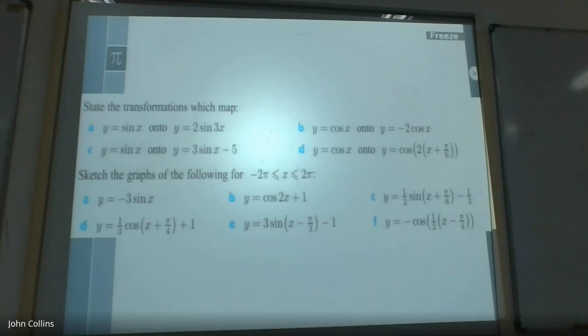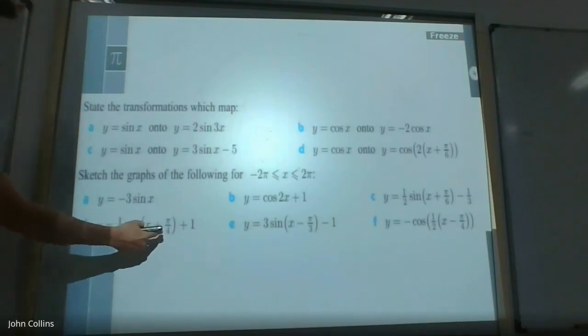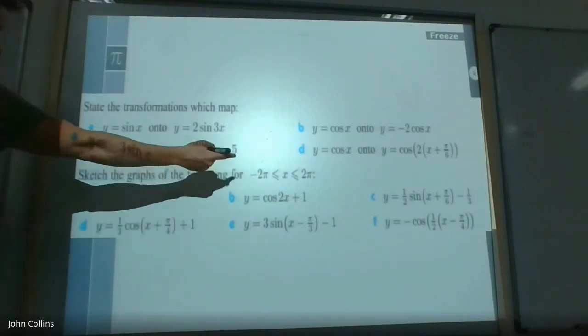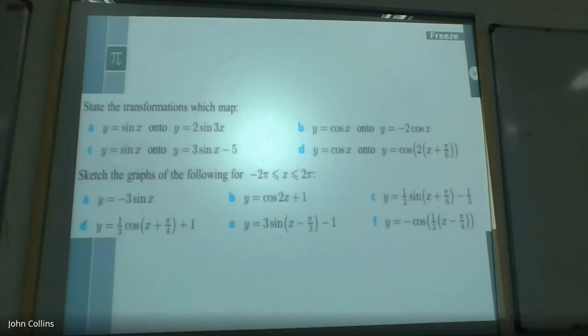Down. The difference between x minus 5 is whether the brackets are there or not. It's crucial. This one has the brackets with the x. This doesn't. This is just subtraction of the 5, so it's down.